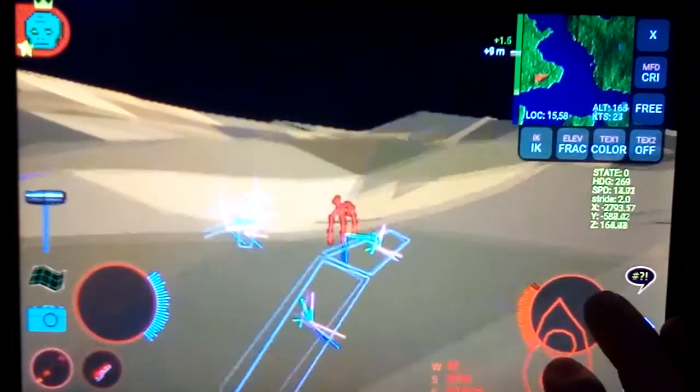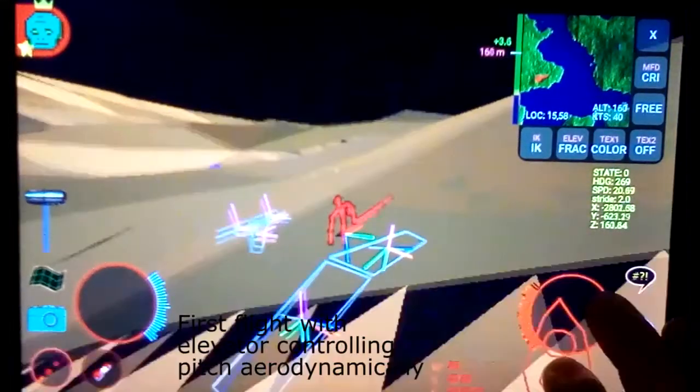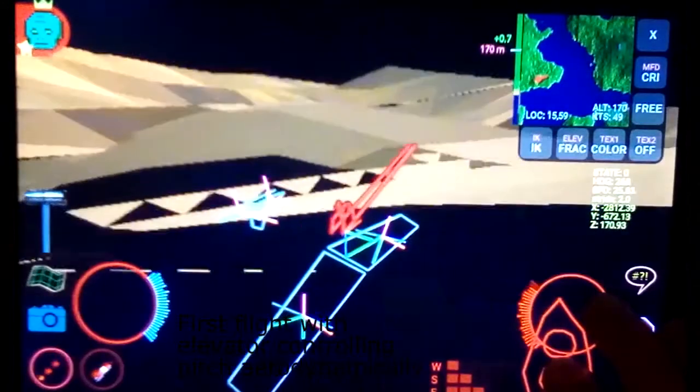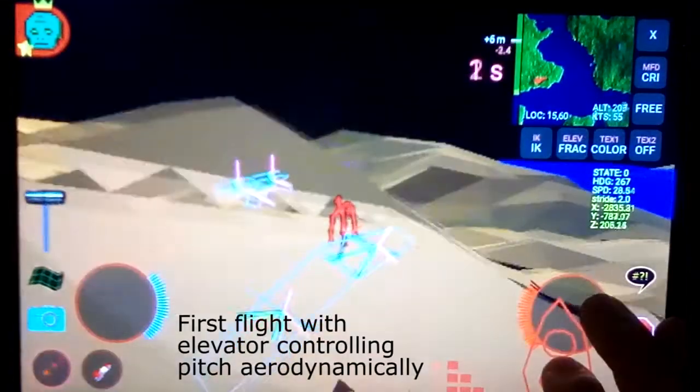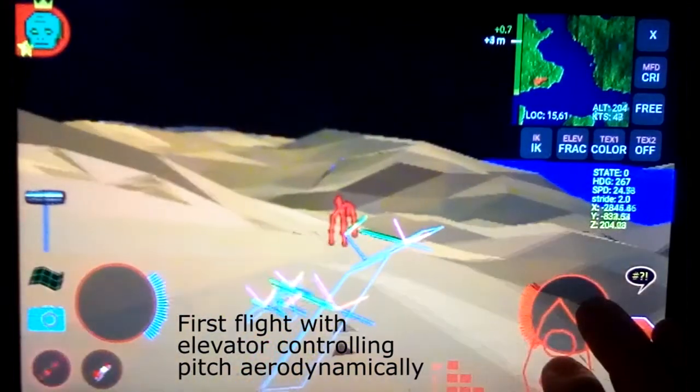So doesn't that imply that at least at speed there's too much control force? But is it too much lift or too much drag?